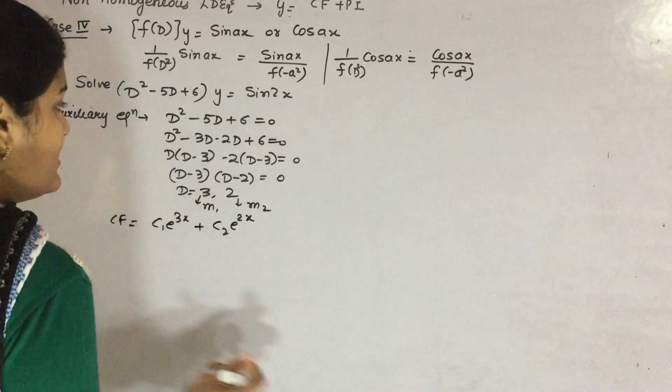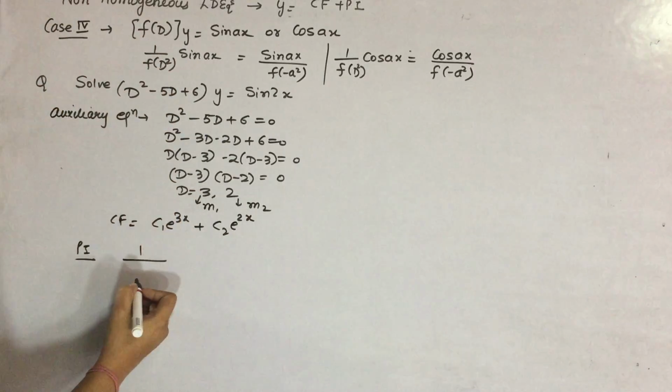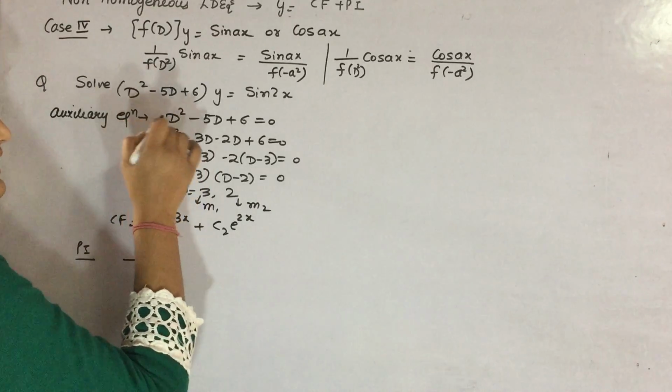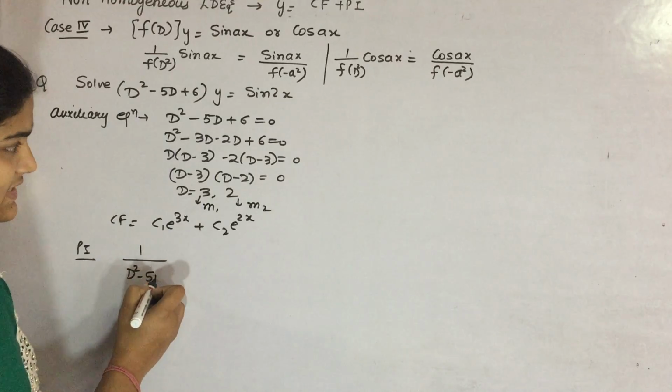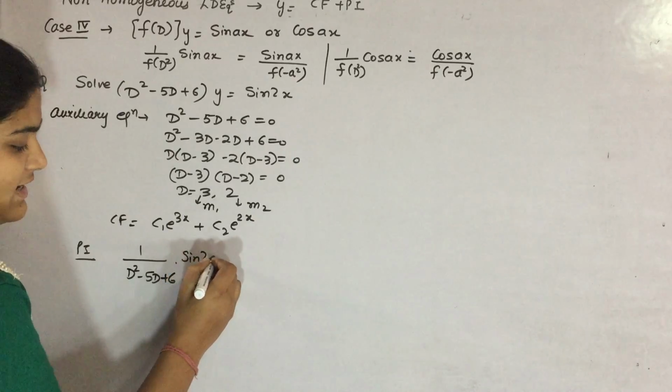So your complementary function will be c1 e raised to power m1x plus c2 e raised to power m2x. Okay, now it turns to find the particular integral, which is 1 by f(D squared), which is, firstly you take this form, D squared minus 5D plus 6, your auxiliary equation, and here your right hand side value.